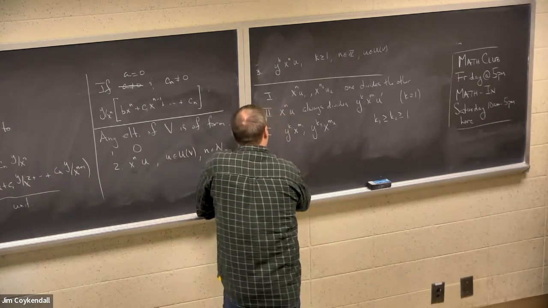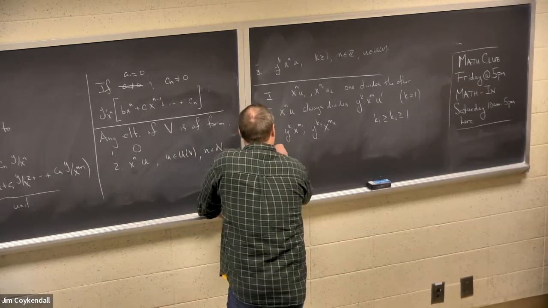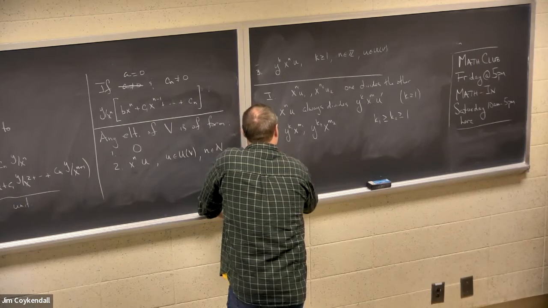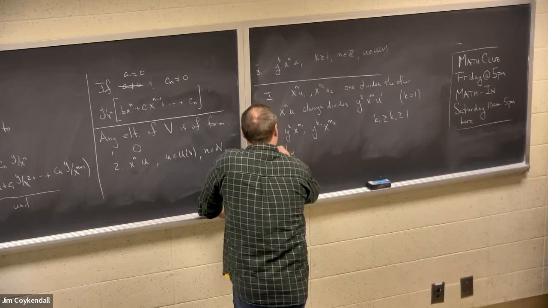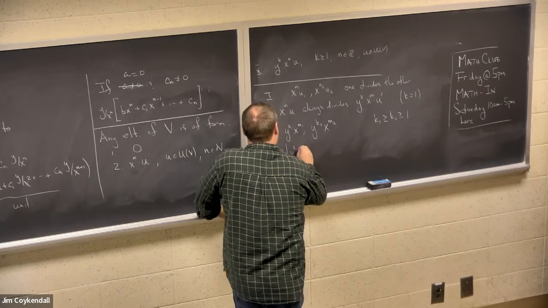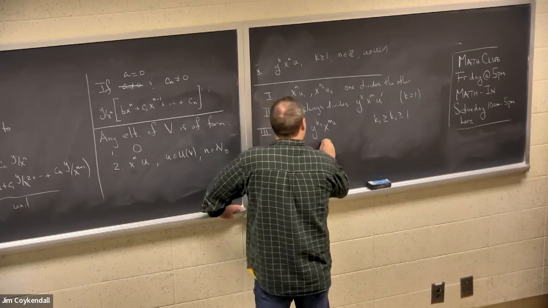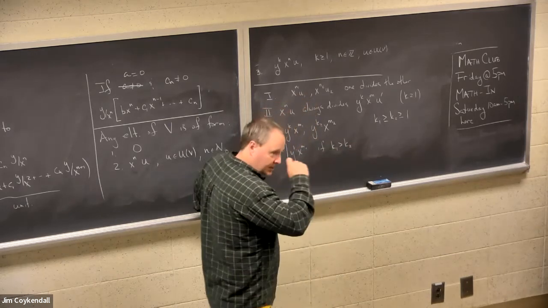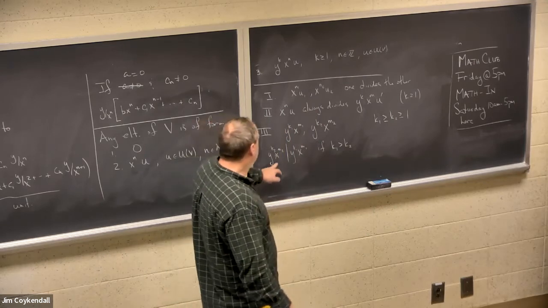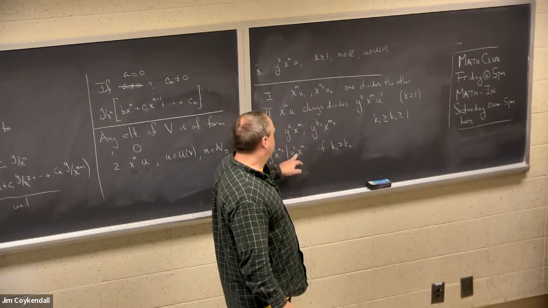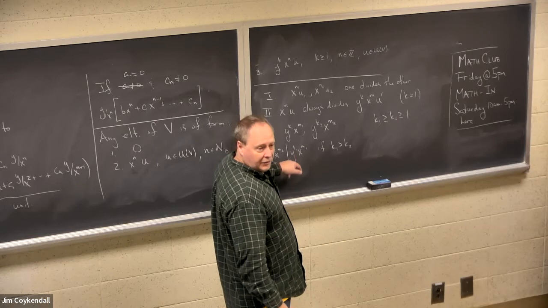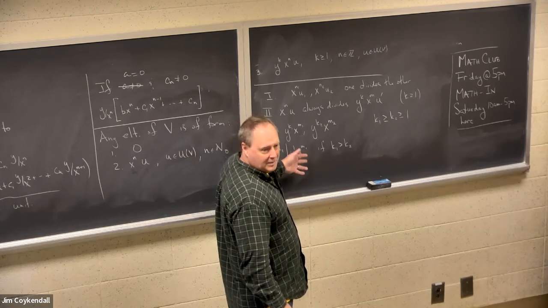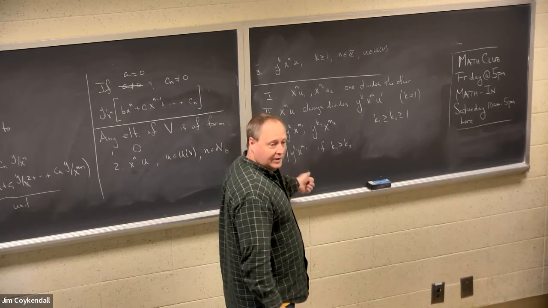So notice that y to the k2 x to the m2 divides y to the k1 x to the m1 if k1 is strictly bigger than k2. That is to say, when you do the division, if there's a little bit of y left over, then it doesn't matter what the power of x is, and this one divides it.